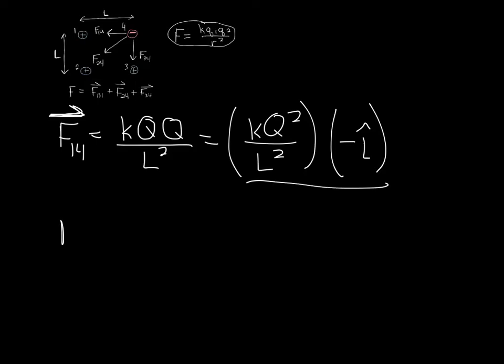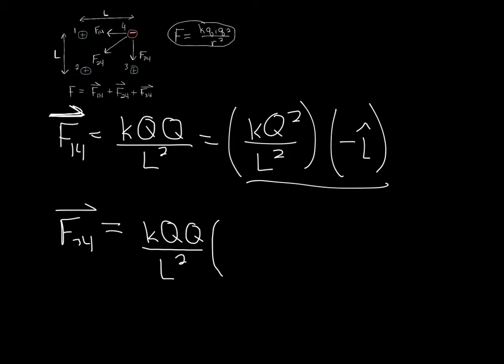Now we can do F3 on 4. The other easy force is going to be equal to K times the two charges, Q3, which is just Q, Q4, which is just Q. And remember, we drop the negative because we don't worry about the negative when we're plugging in the charges for the force. And we divide all of that by L squared.